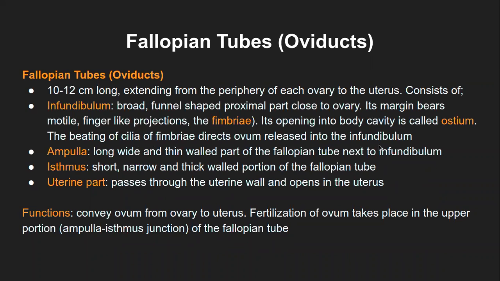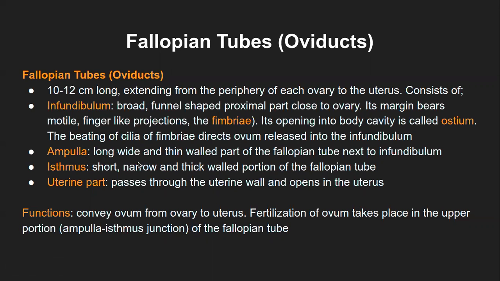As soon as the ovary releases the ovum, the infundibulum keeps it in place because of the cilia, not holding it like we hold something with a hand, and then it is allowed to pass through the tube-like structure and enters towards the uterus. So that is the infundibulum.